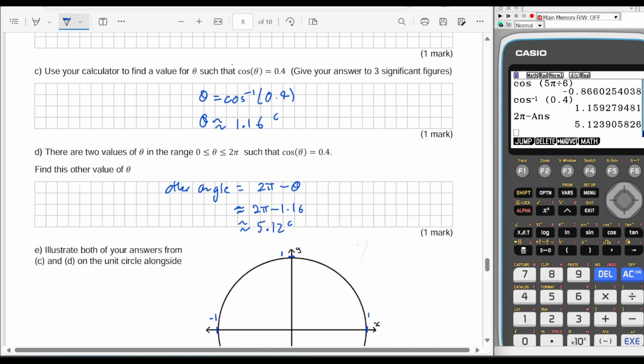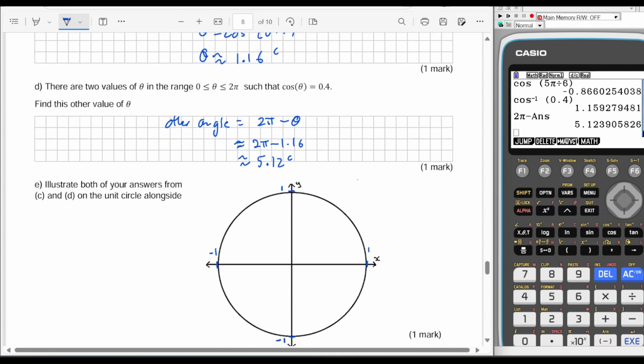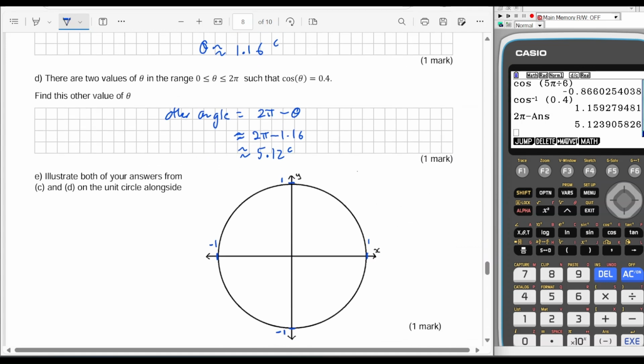There it is, there's the other angle. Illustrate both your answers. So let's convert them to degrees to get an idea of what this looks like. So 1.16 times pi over 180, that converts the wrong way. It should be times 180 over pi to convert back to degrees. So that's about 66 degrees.